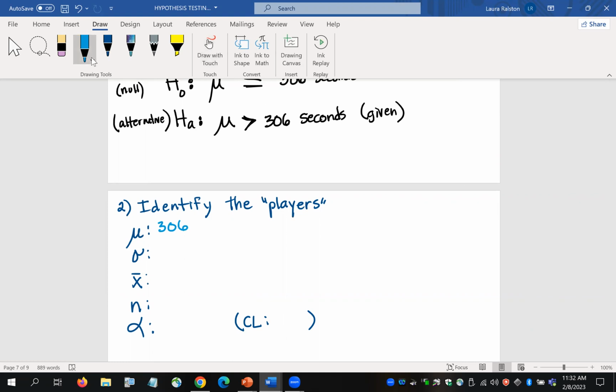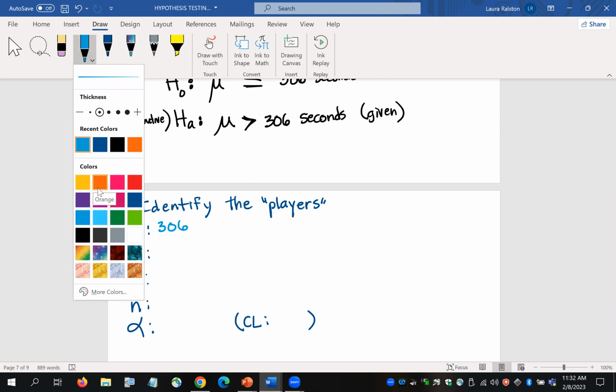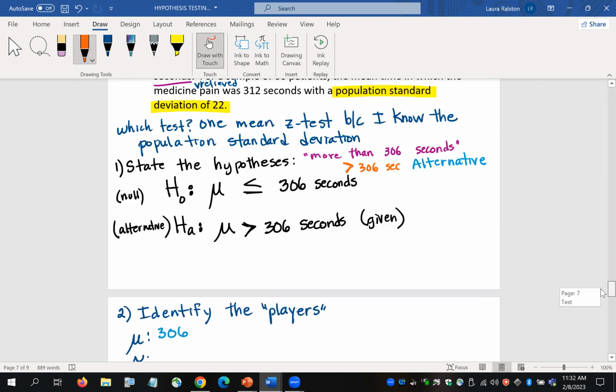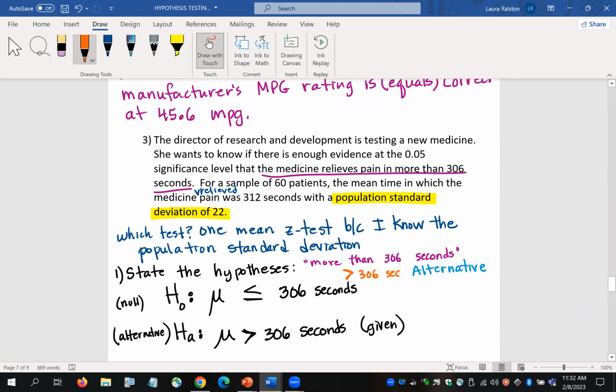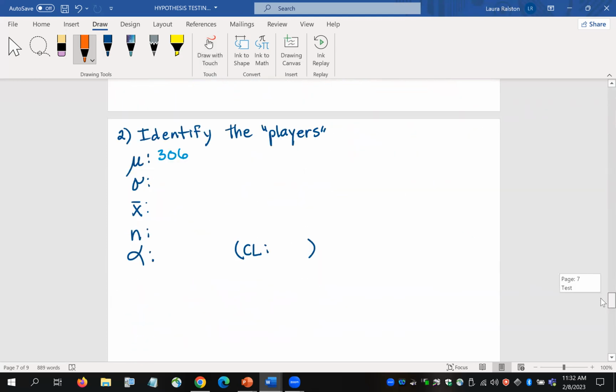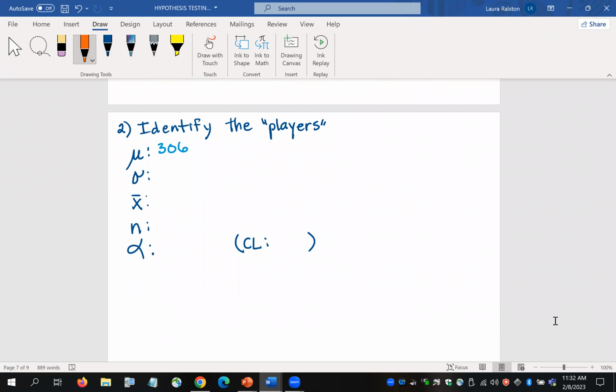So again, if I go back and read through the problem, at the 0.05 significance level, if I start in the second sentence, so my significance level is 0.05 or 5%, which means my confidence level is 95.